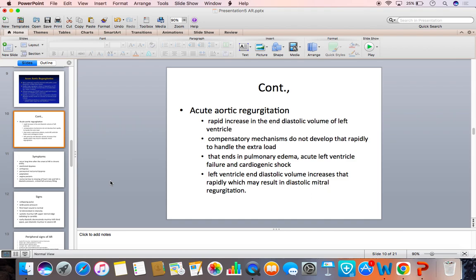This is what is already mentioned. Acute aortic regurgitation: rapid increase in the end-diastolic volume of the left ventricle, and compensatory mechanisms do not develop that rapidly to handle the extra load. That ends in pulmonary edema, acute left ventricular failure, and cardiogenic shock.